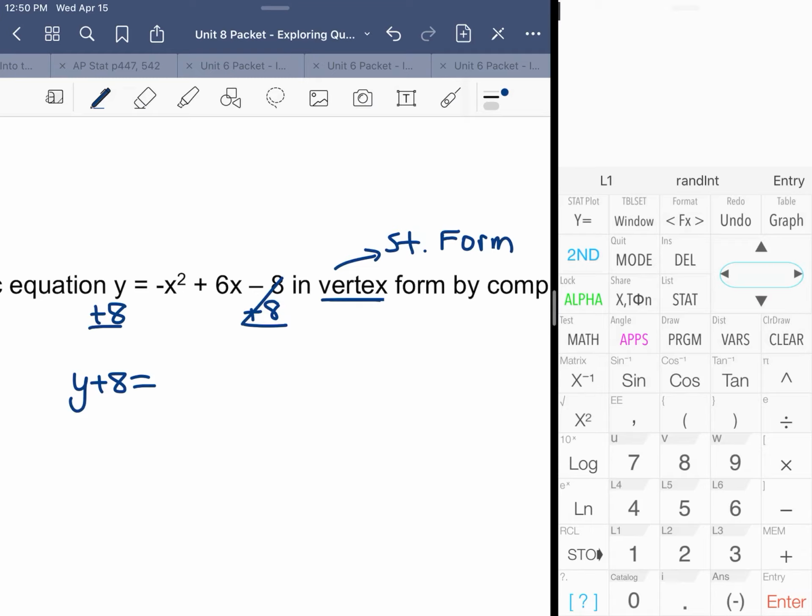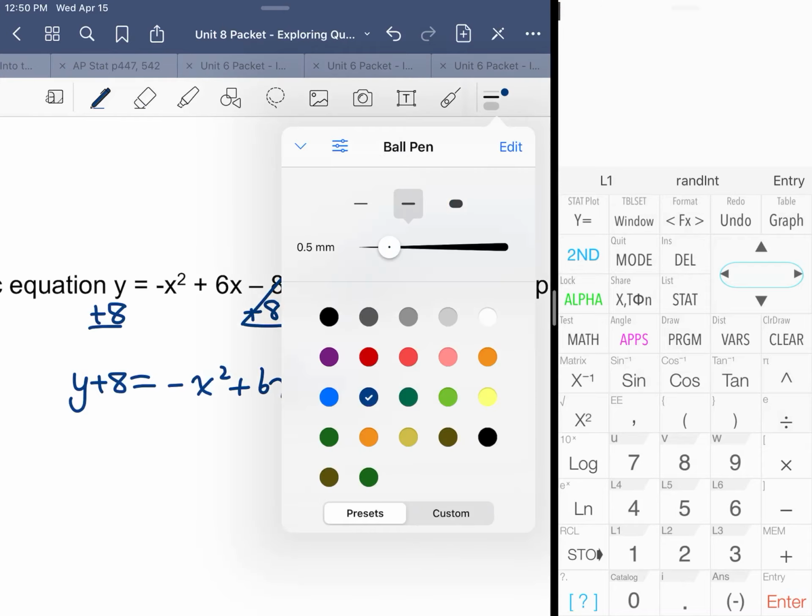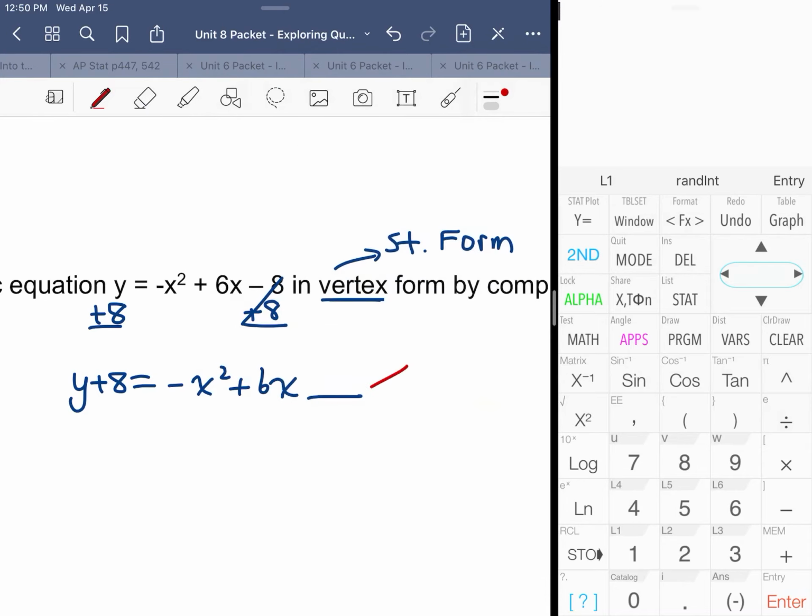So we have negative 8, y plus 8 equals negative x squared plus 6x. All right, I'm going to leave a little blank to complete the square. Then what I'm going to do is complete the square by taking the b value, dividing it by 2, squaring it, then dividing that resulting value by the a.